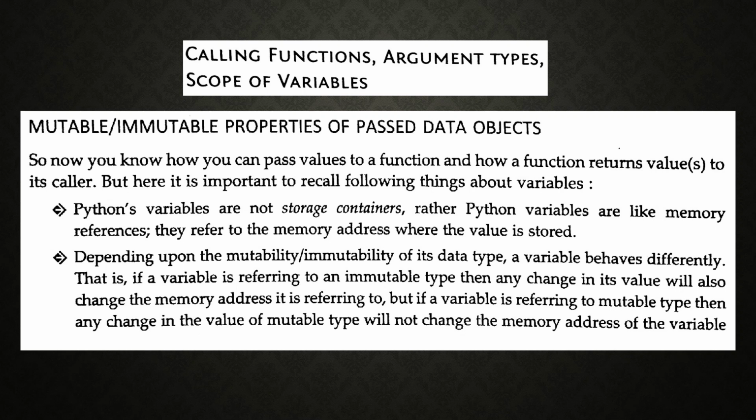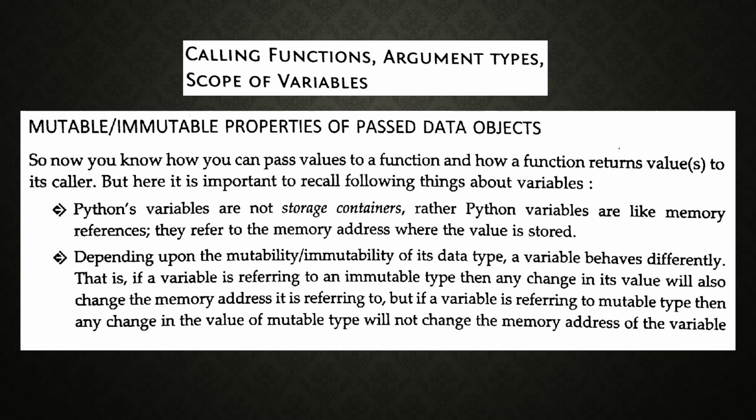Mutable means we can edit or modify the contents. Immutable means it's not possible to modify the contents. If a variable is referring to an immutable type, then any change in its value will also change the memory address.